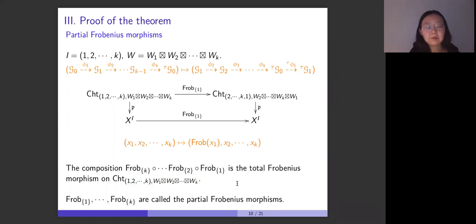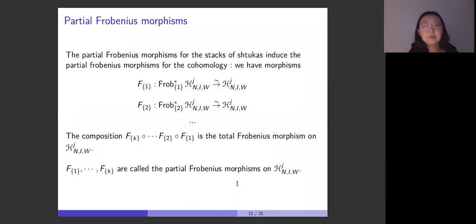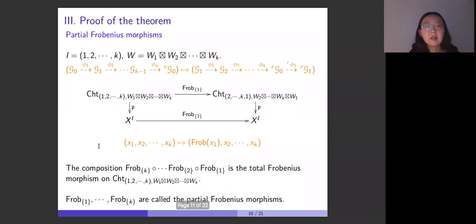And this partial Frobenius morphism on stacks induces a partial Frobenius morphism on the cohomology. Something I didn't say is that these two stacks of shtukas, very similar but different, have the same cohomology, the same relative cohomology. So on the level of cohomology, when you do the partial Frobenius, you always stay on the same cohomology.